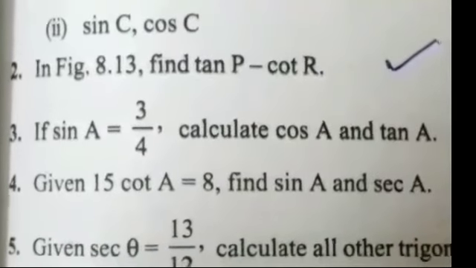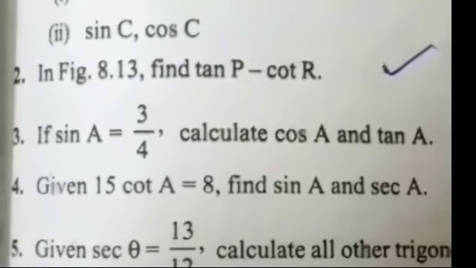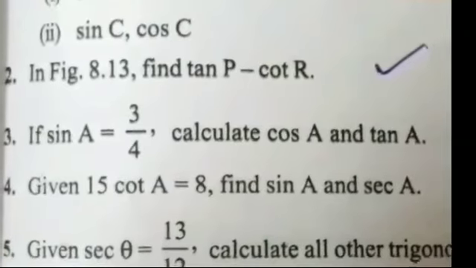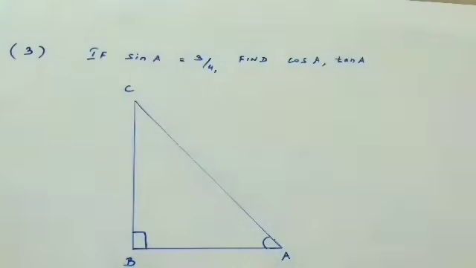Question number 3. If sin A equals 3 by 4, calculate cos A and tan A. Now in question number 3, they are asking to find cos A and tan A. They have given sin A equals 3 by 4. So first draw a right angle triangle.